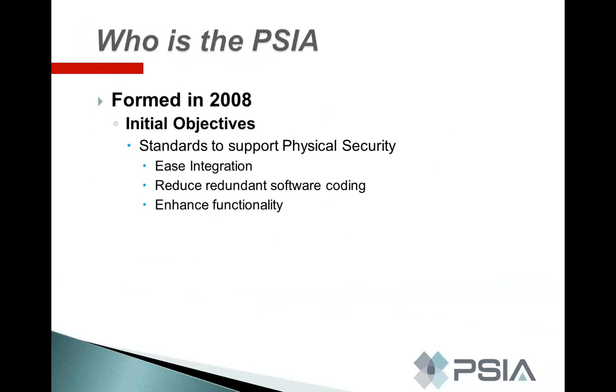We decided that our initial focus was to support physical security in ways to ease integration. We recognized that there was a lot of software activity going on in integrations, and we felt that there was an opportunity through standards to reduce software coding and reduce the redundant coding that was going on. We also saw that some of the standards might be able to enhance functionality through using common terminology and diction in the standards. Next slide.